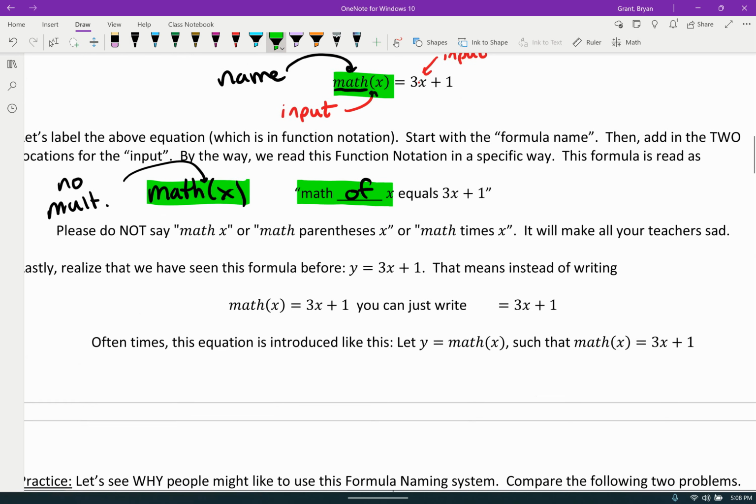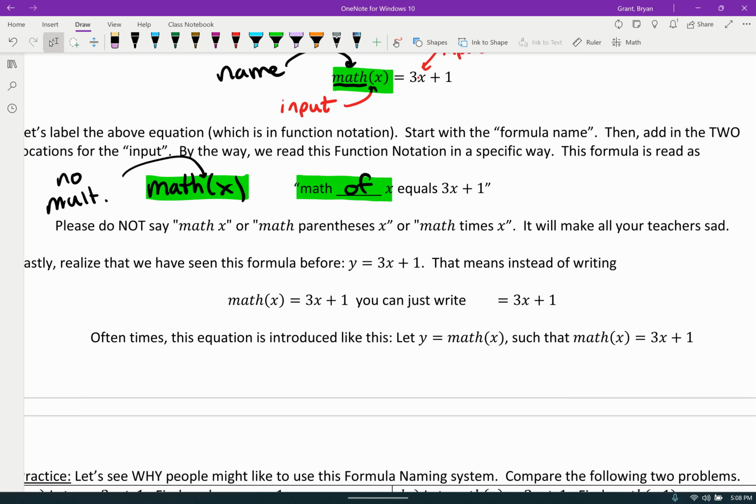Now, last but not least, we've of course seen the formula y equals 3x plus 1 like 20 times on this page. So instead of writing math of x equals 3x plus 1, we certainly could just write y equals 3x plus 1. Anytime you use function notation, if you don't want to use the name and you just want to use the standard y as your output variable, that's fine.